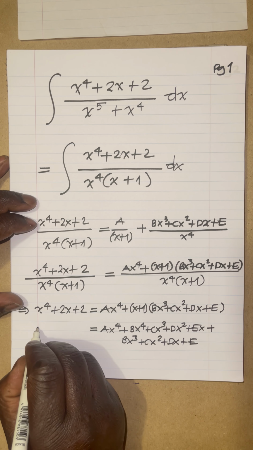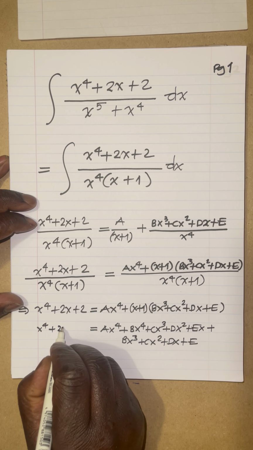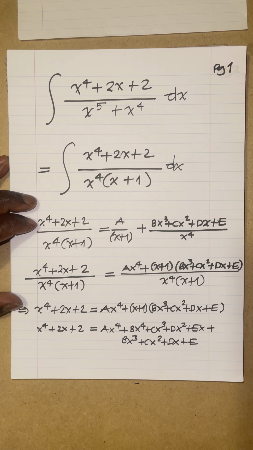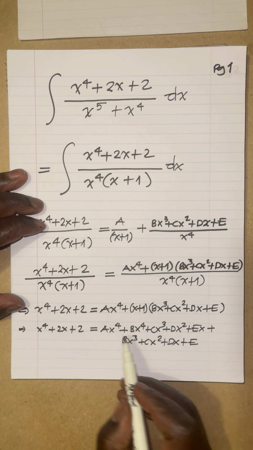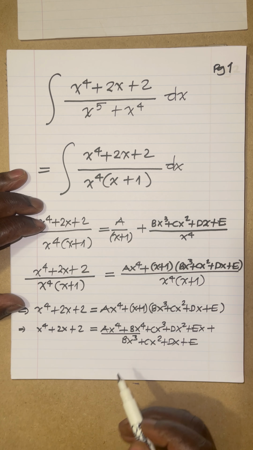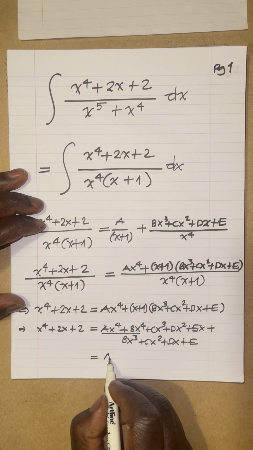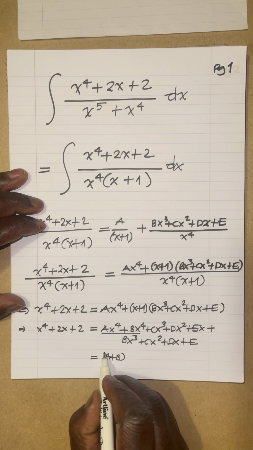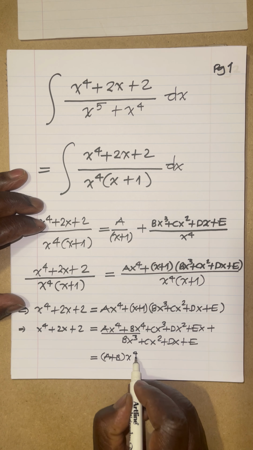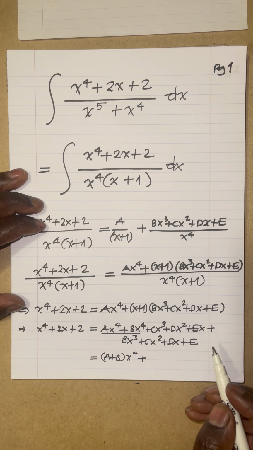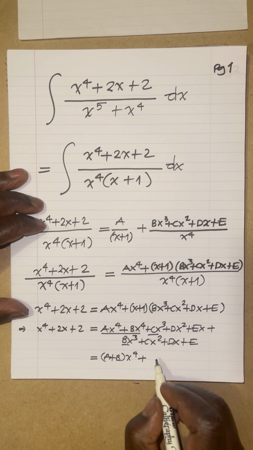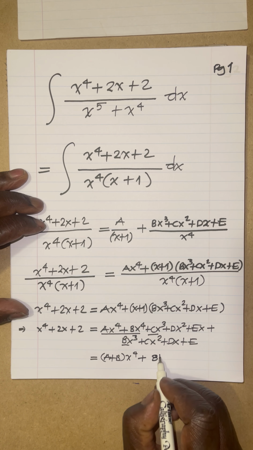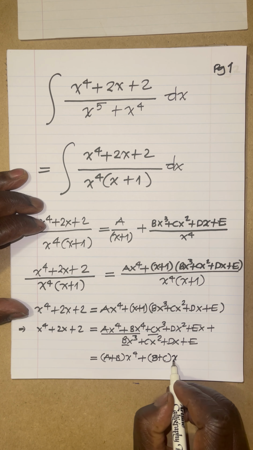On the left hand side we have x^4 + 2x + 2. Now I'm going to have to factorize the right hand side. First of all, bring like terms together. If you factorize that out, you're going to get (A + B) outside x^4, plus the next part is going to be (B + C) outside x^3.